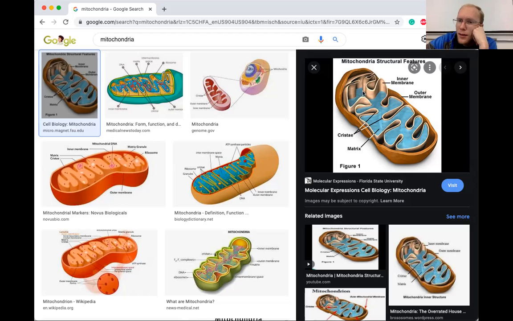So ATP synthesis is localized in the mitochondria, and it's enabled by the unique structures of the mitochondria, which allow for a lot of surface area.